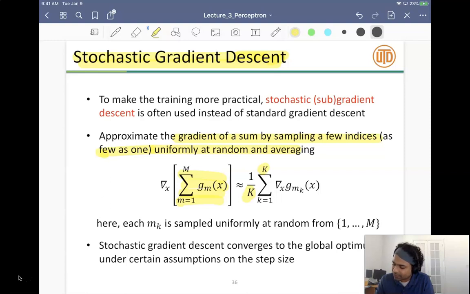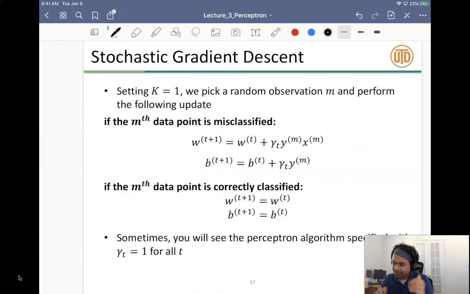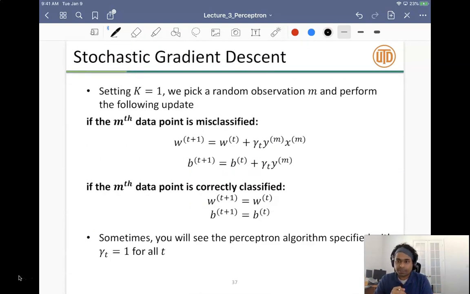And the critical piece over here is that I need to uniformly at random sample from 1 to n. Okay, and oftentimes capital K is even used as one, right? So again, you can actually show the stochastic gradient descent also theoretically converges, right? So theoretically also we are all good here.